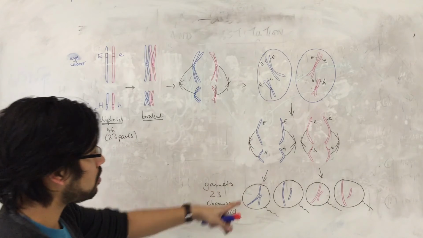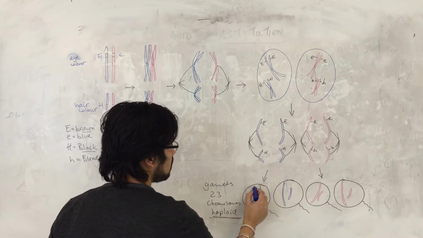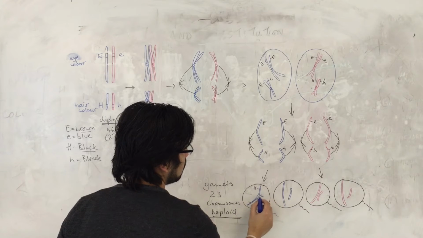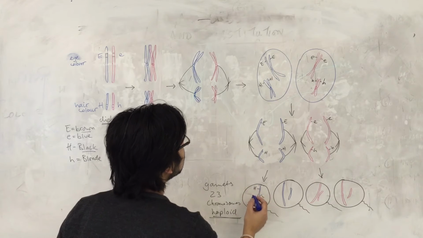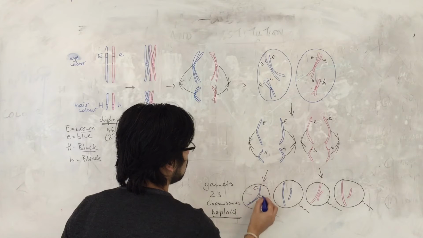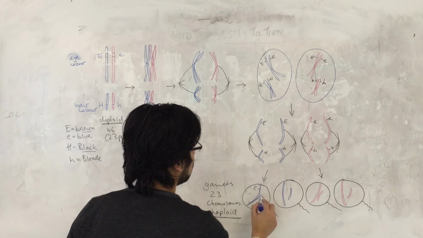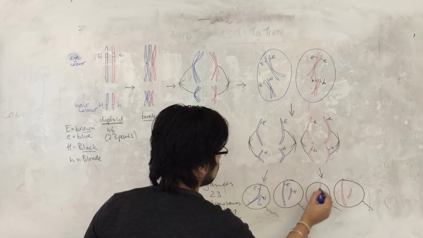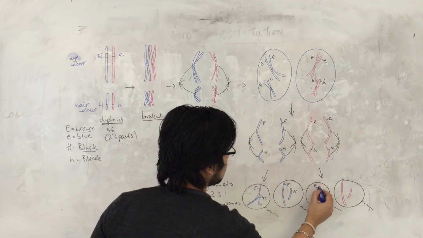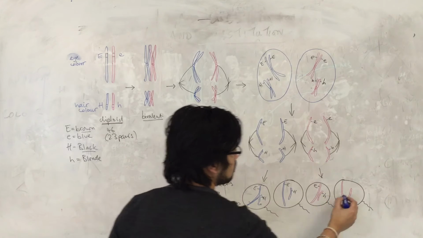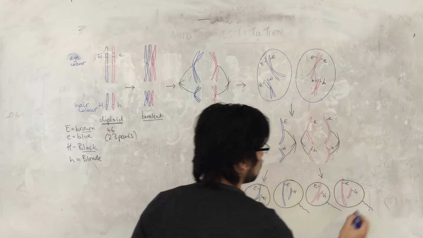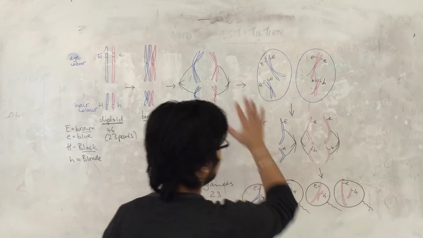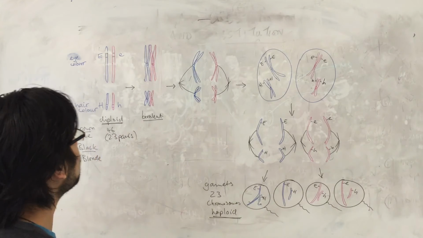So I hope you can see that what we will end up with is gametes, 50% of gametes that will be like this, and the other 50% that will be like this. Okay, and that's a very simple case.